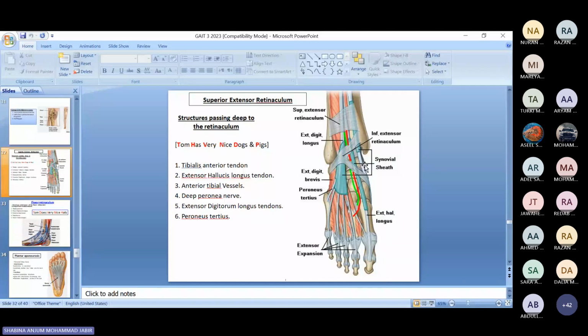After that, the next tendon is extensor hallucis longus. After that, you have the anterior tibial nerve and vessels, and this nerve is also called the deep peroneal nerve. Then again you have the extensor digitorum, and then peroneus tertius. If you remember this sequence, you can identify them. You can memorize this by the mnemonic: Tom has very nice dogs and pigs. Just memorize this, and tomorrow you can try to see this.